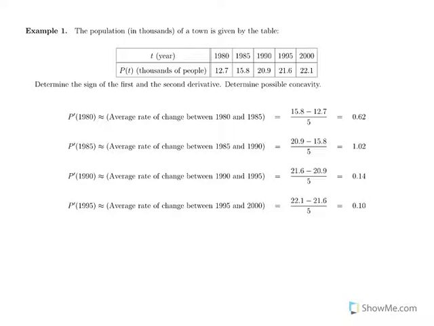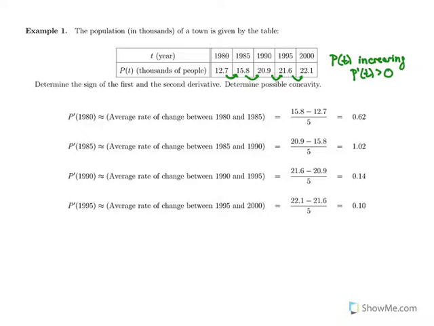And these match what we can see just by looking at the table, that this function is increasing each 5 years. That means that the first derivative is positive. And we saw that for our 4 values that we found, we have a positive derivative.